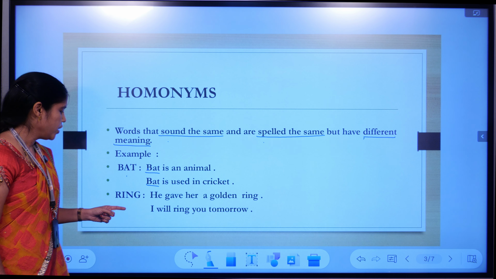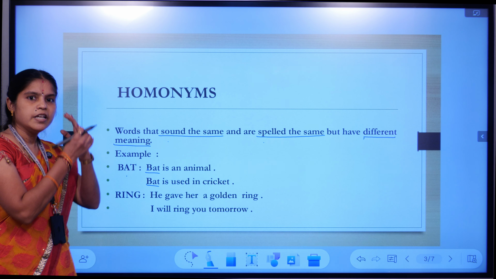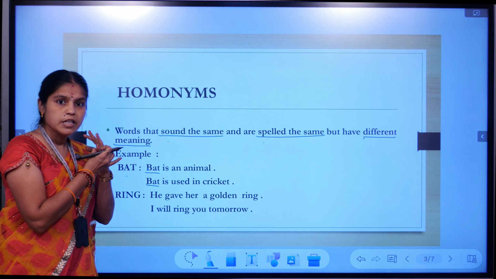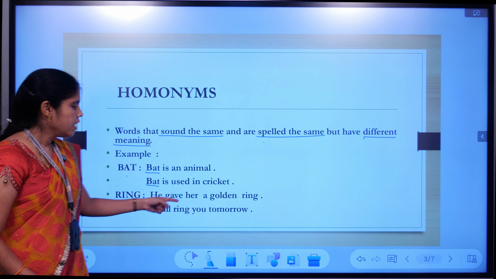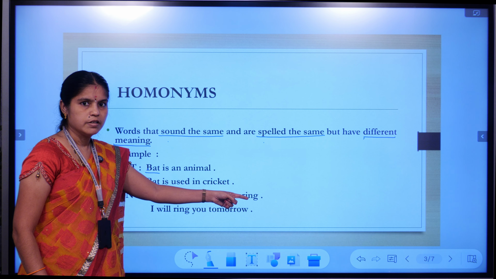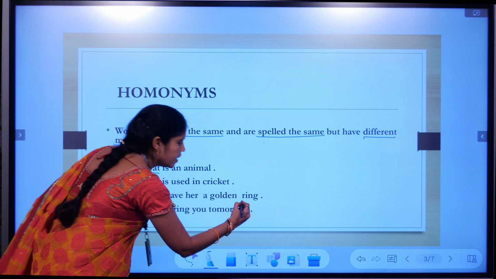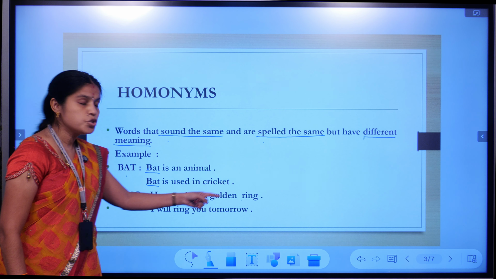Let me give you one more example: ring. The ring which you wear on your fingers, or which we present as gifts to friends or parents. See here, he gave her a gold ring. Next, I will ring you tomorrow.